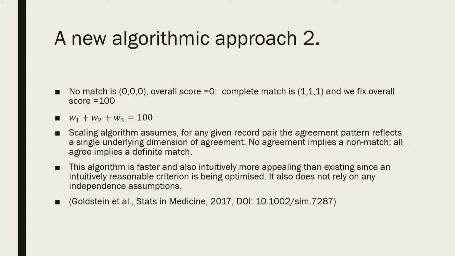And we think it's intuitively more appealing than existing methods, since the criterion that we're optimizing, of agreement of this underlying scale, is a rather sensible one, whereas the Fellegi Sunter one is, well, first of all, the statistical model doesn't make a great deal of sense, but it's also very difficult to feel intuitively that this is a sensible thing to do. And of course, it doesn't rely on any of the independence assumptions that either James or myself have referred to.